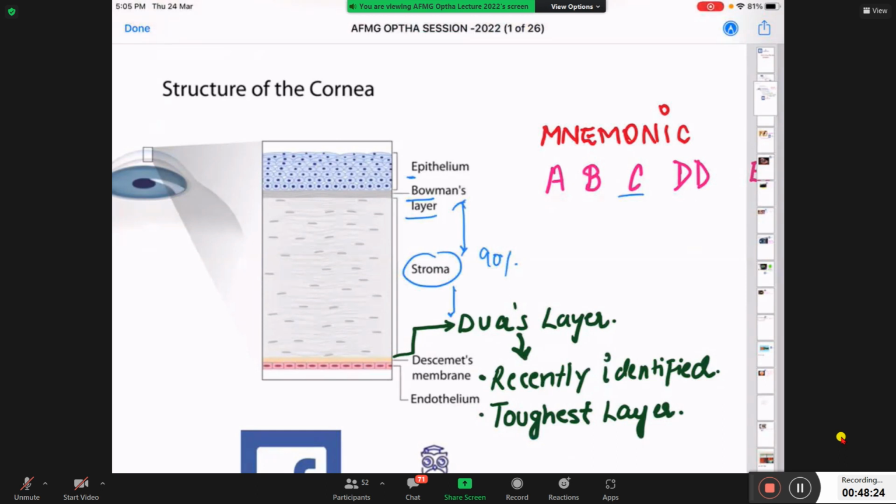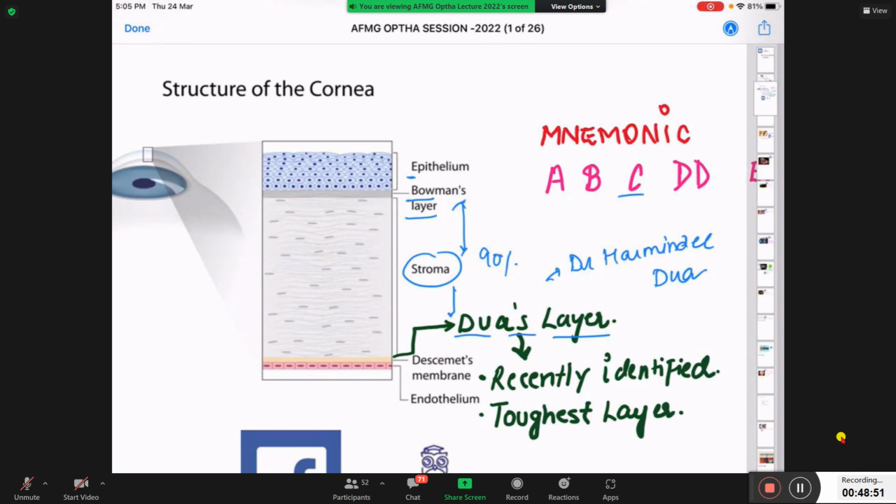Then after stroma comes the recently identified layer, which is called Dua's layer. This Dua's layer is named after an Indian doctor, Dr. Harminder Dua. He's an alumnus of Maulana Azad Medical College and currently is practicing in London, UK.